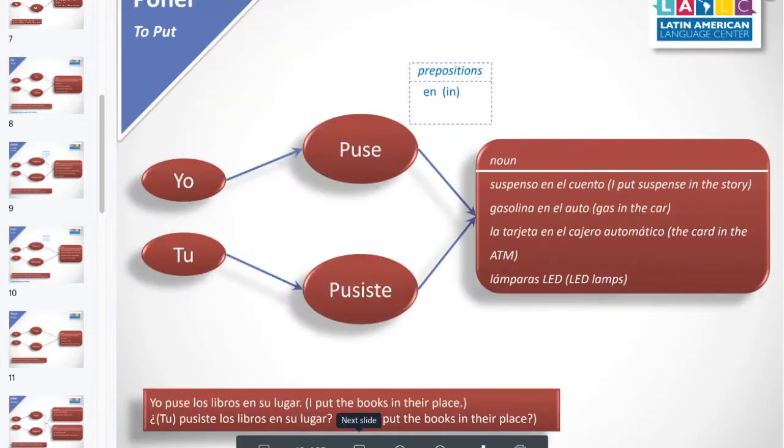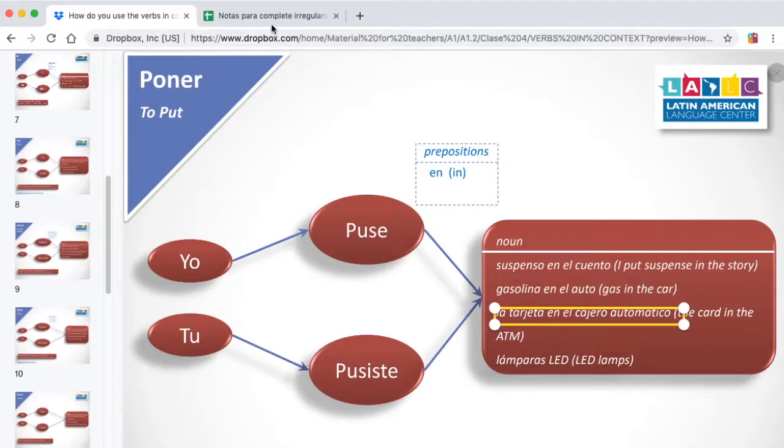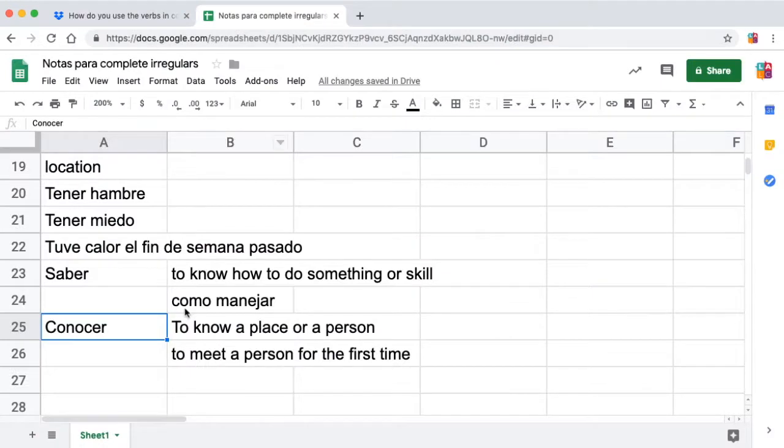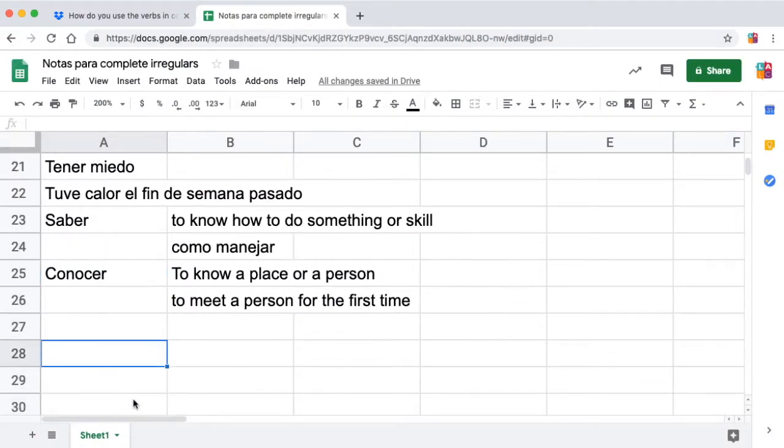So después you have poner, is to put in something, because remember it's not to put on. Por ejemplo, puse, pusiste la tarjeta en el cajero, like I literally put the card in the ATM. Or puse las lámparas. Also another thing, remember that is different from English, poner is the expression poner música, okay?